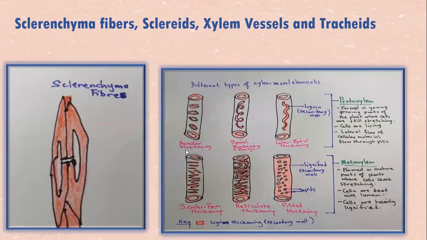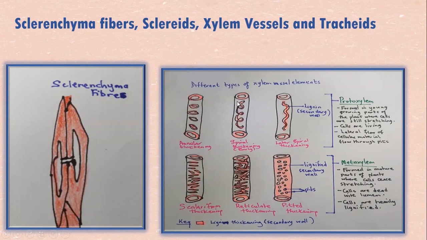When you look at the xylem vessels, the lignin, the secondary wall formation, this is lignin, laid in some annular kind of rings. So here's the primary wall, still there.